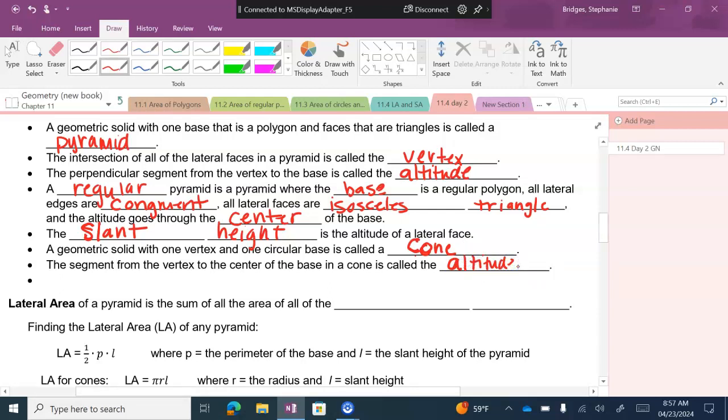Okay, altitude also means height, so remember that's how tall it is. Slant height. The slant height is the altitude of the lateral face.